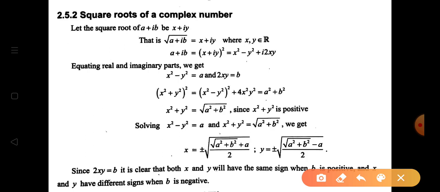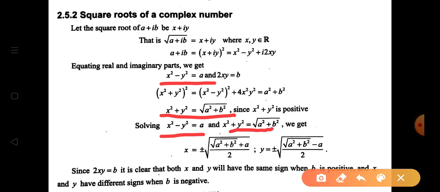Listen, solving these two equations: x square minus y square equal to a, and x square plus y square equal to square root of a square plus b square.